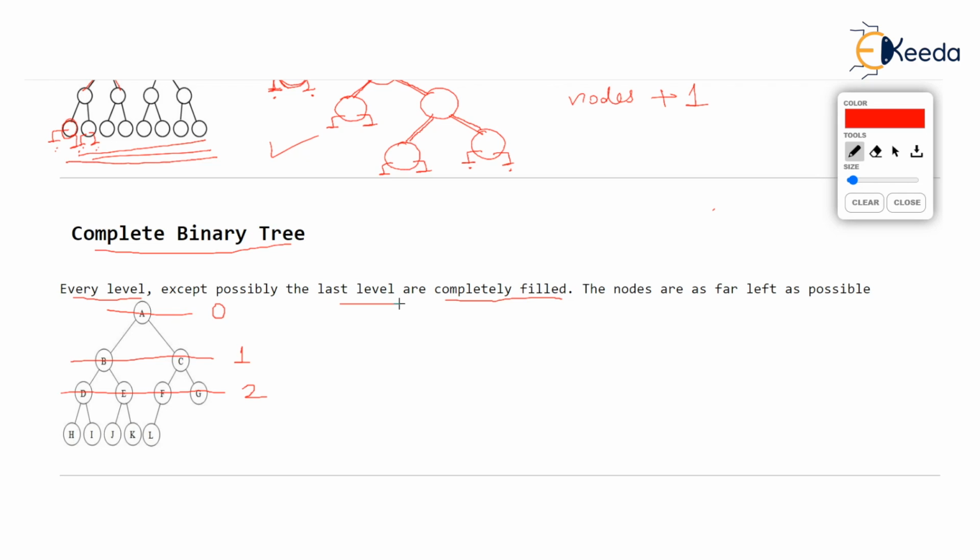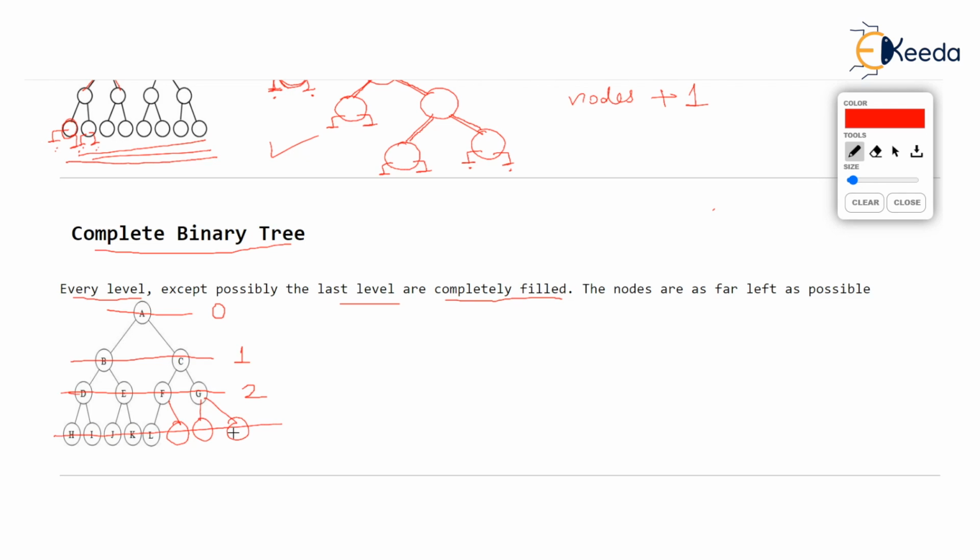Okay, now you see level 2. Level 2 can have four nodes maximum. How many nodes can level 3 have? If you count level 3, there can be a node here I am drawing and the next two nodes. So this level 3, maximum nodes can be 8. Correct or not? And at level 2, maximum nodes can be 4.